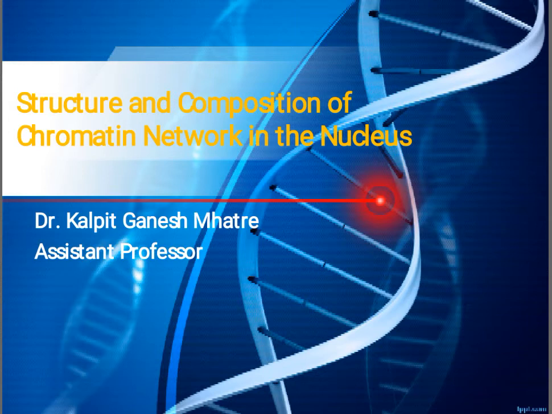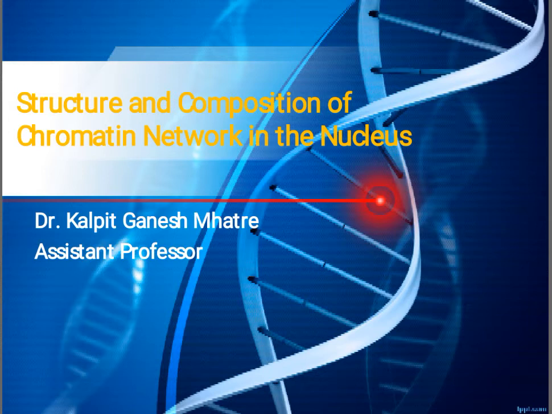So now you all know that the nucleus is a highly specialized organelle that serves as the information and administrative center of the cell. And this nucleus shows four major parts known as nuclear envelope, nuclear pore, chromatin, and last one is nucleolus.